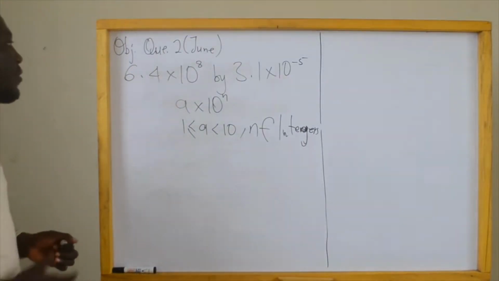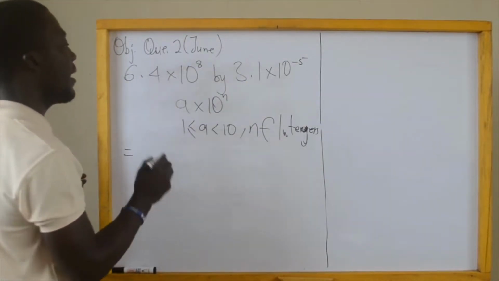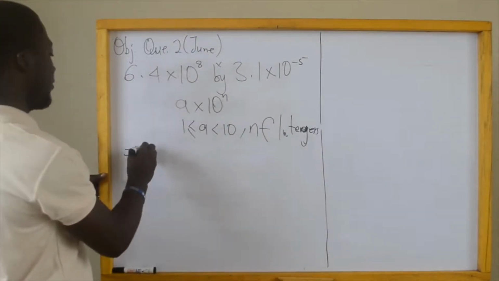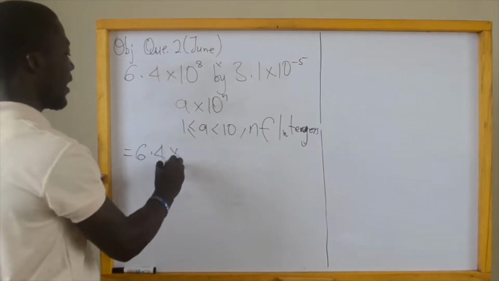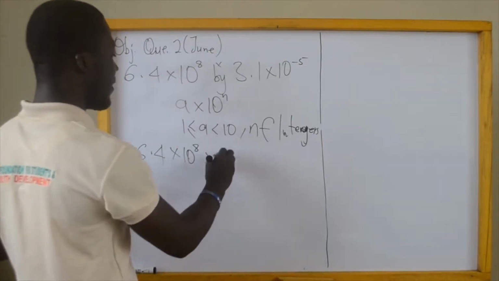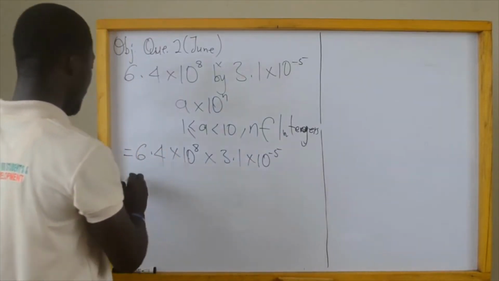So let's start solving. First of all, we get rid of the "by" with a multiplication operator. So 6.4 times 10 raised to the power 8 multiplied by 3.1 times 10 raised to the power negative 5.